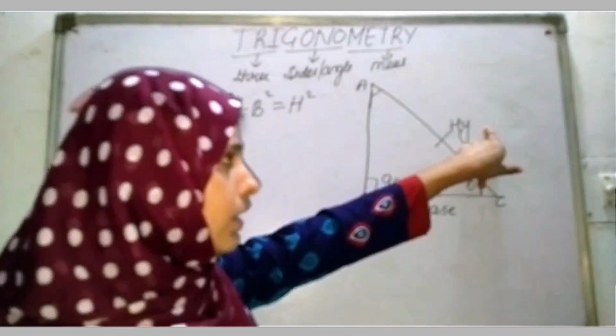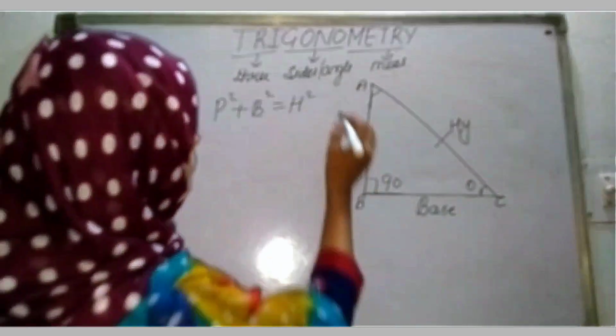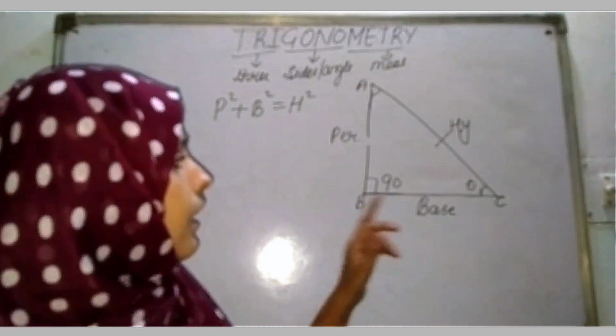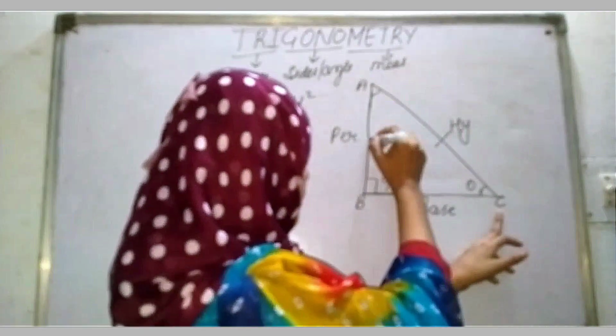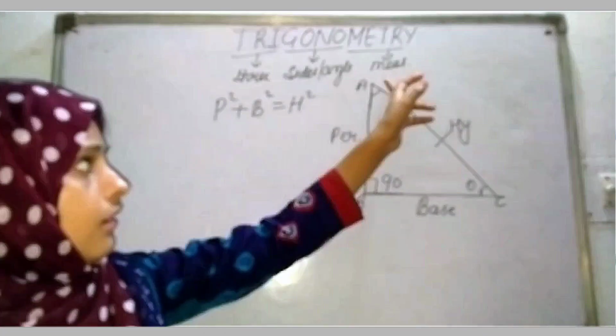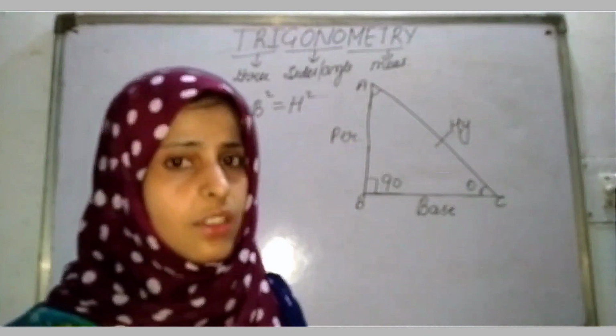If this is the hypotenuse and this is the base, the remaining one will be the perpendicular. If we take angle C, the possibilities are this. If we take another angle A, the possibilities will change.